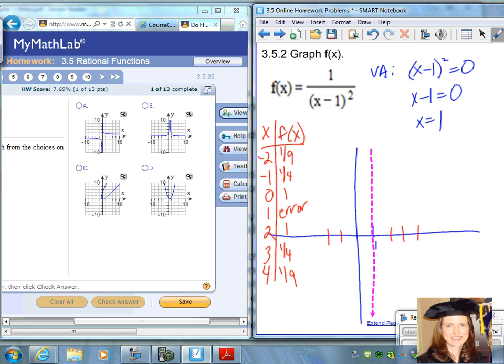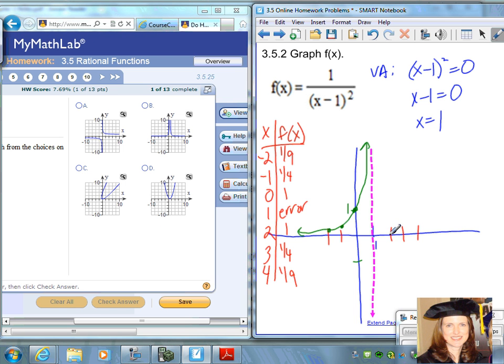Okay, we can plot those points. Plug in -2, you get a 9th. -1, you get a 4th. 0, 1. Now, if you continue to graph more and more points, you'll see that this graph is going to get closer to that dotted vertical line, and it's going to flatten out, looking in this direction.